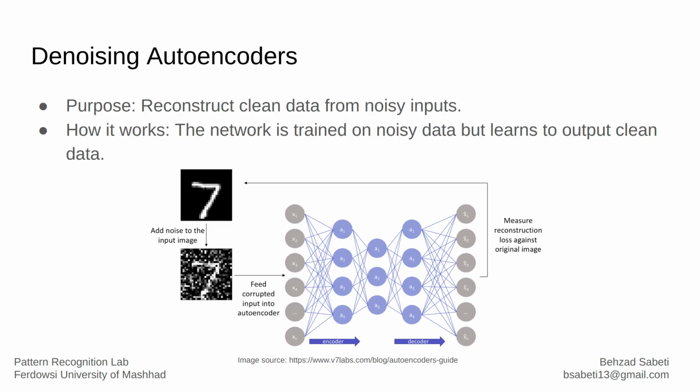And the main difference between the denoising autoencoder and the vanilla autoencoder, which is the original autoencoder, is that in the vanilla autoencoder we define our loss function by comparing the input data and the output data. But here we compare our output data with the original image, not the noisy image which was our input. We compare our output with the clean image.